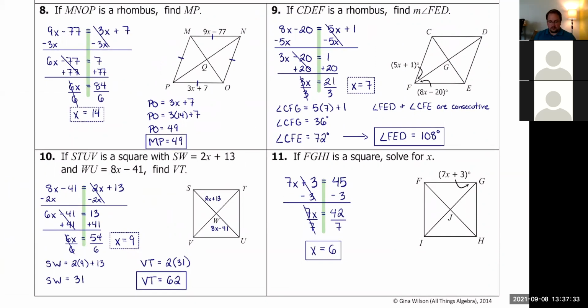So squares, I would argue, may be the easiest only because you can assume so many things to be true automatically. Rhombus, a little sneaky because if you try to accidentally apply one of the unique rectangle properties to a rhombus, it doesn't necessarily translate.